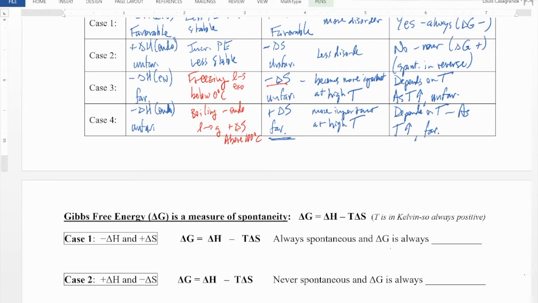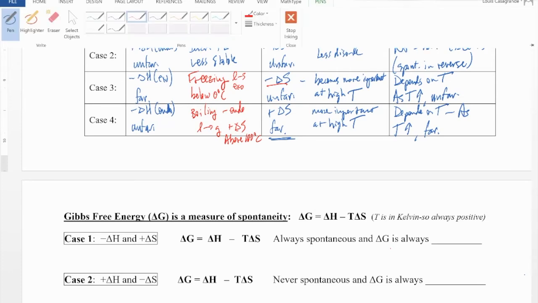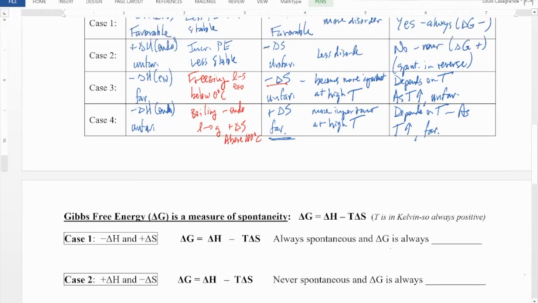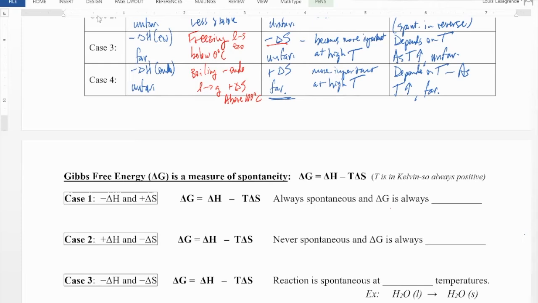Now, these concepts can be translated into a mathematical equation, which you're starting to see. And if you turn over your page, you will see it in a concept called Gibbs free energy. Delta G, Gibbs, hey, something that makes sense, right? Gibbs free energy is a measure of the spontaneity.